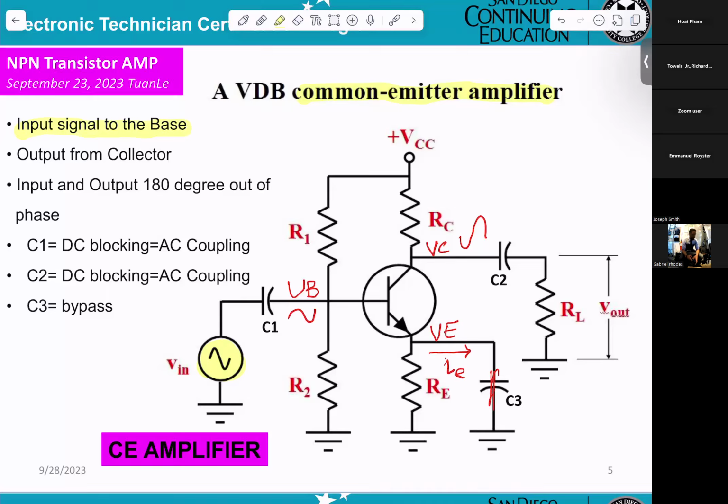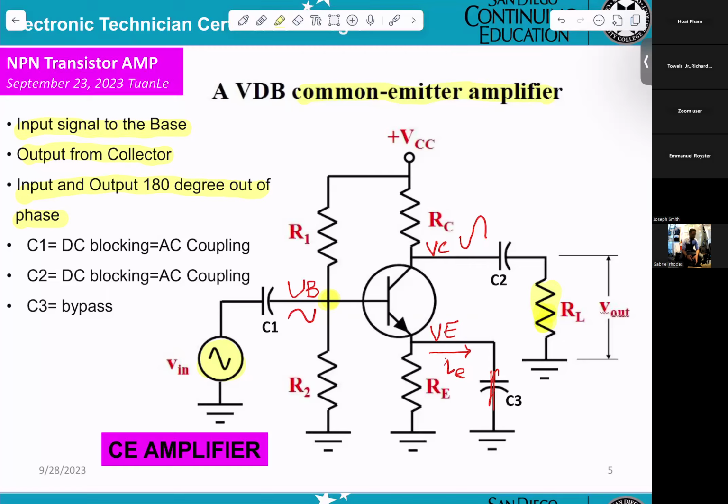That means this is the base. Input signal applied to the base. Output from the collector. This is the output here from the collector. Okay? And also input and output are 180 degrees out of phase. That means they are opposite.